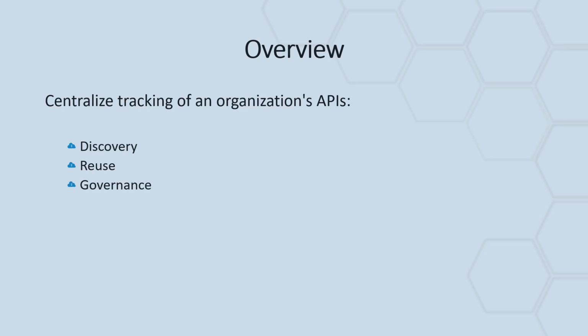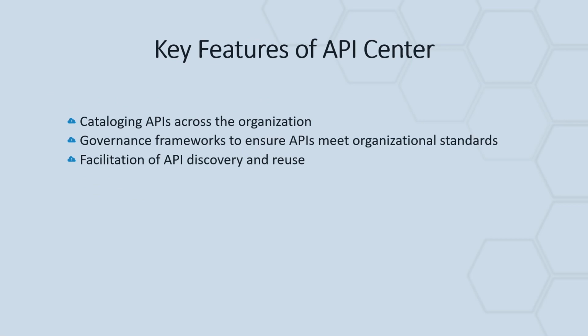And governance is implementing policies, standards, and practices to ensure that APIs are secure, compliant with regulations, and meet the organizational quality standards. So the key features are cataloging APIs, governance frameworks, and facilitation of API discovery and reuse.